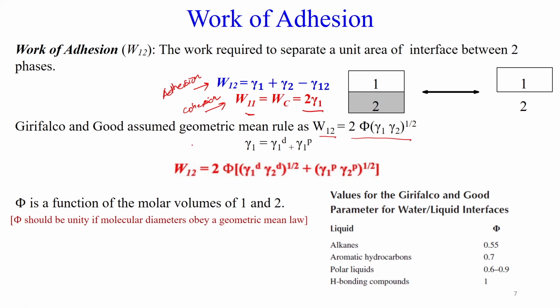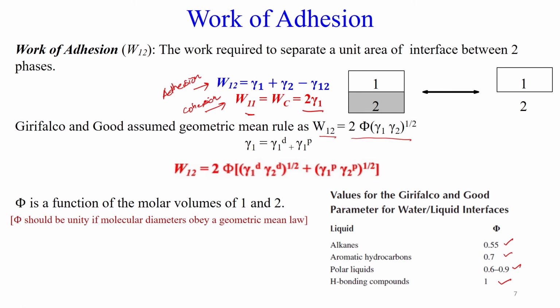Now, this phi is a function of the molar volumes of 1 and 2, and typical values of phi I have listed here. For alkanes its value is about 0.55, for aromatic hydrocarbons about 0.7, for polar liquids it varies between 0.6 to 0.9, and for hydrogen bonding compounds its value is 1.